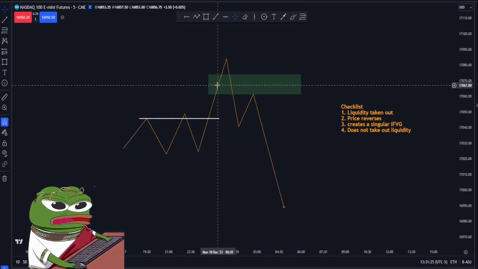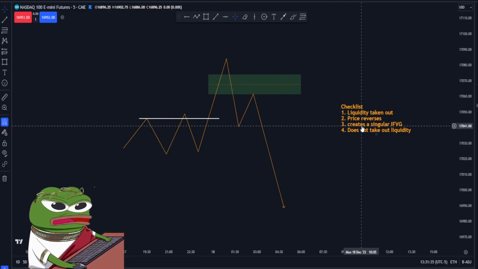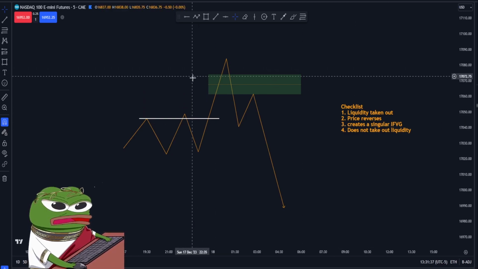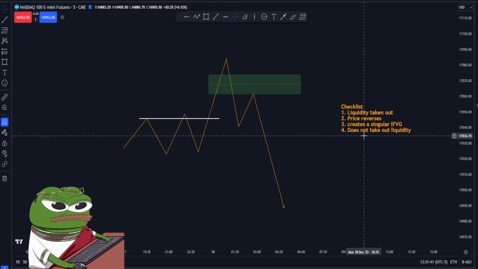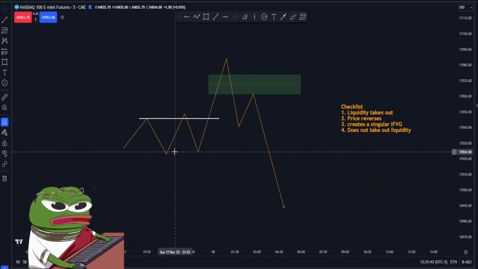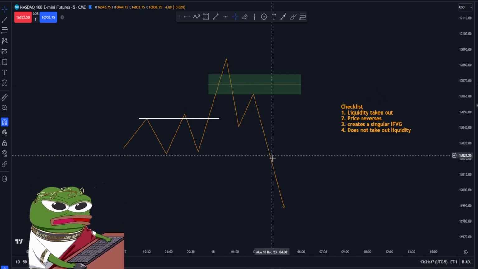And this model works on every single time frame. I will show you with some backtesting strategies and stuff like that. But let's continue. So price reverses, tick. Creates a singular inverse fair value gap, tick. And what you do not want to see is the liquidity of the opposing side to be taken out before you enter the trade.